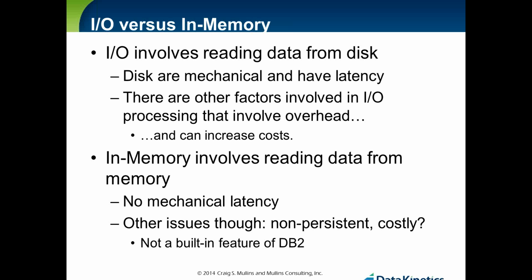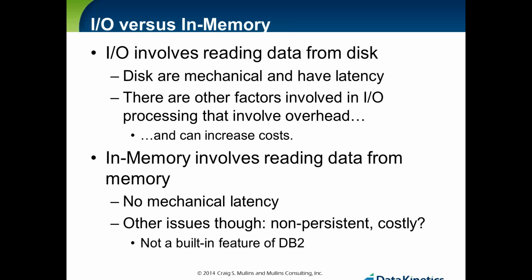So why isn't all data stored in memory instead of on disk? Well, there are quite a few reasons why you can't do that. There's cost. Memory costs more than disk. There are persistence of data issues. If it's in memory and it hasn't been backed up to a log somewhere or to disk somewhere, if the computer goes down, the memory goes away, and then you have data integrity problems.